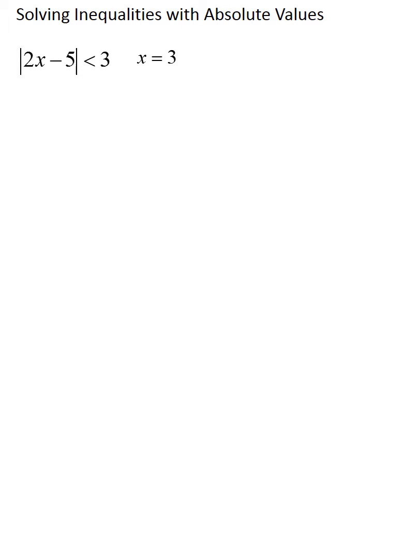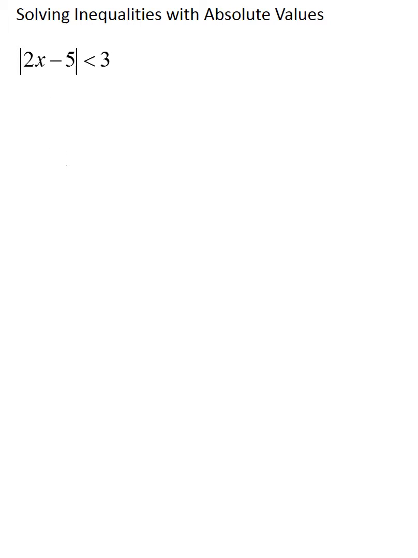Well, to find out, I'm going to plug 3 in for x into the problem and see if I get a true statement. A little bit of arithmetic here will show that I do in fact get a true statement because 1 is less than 3. And because 1 is less than 3, x equals 3 is a solution to this inequality.